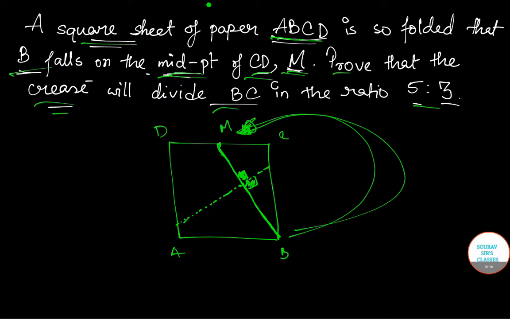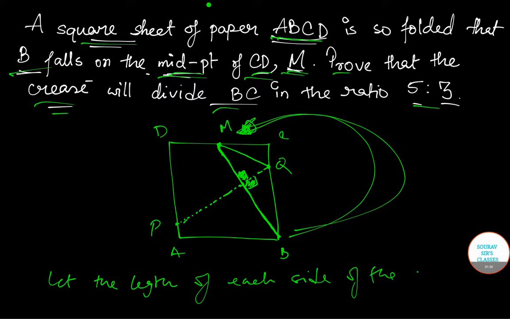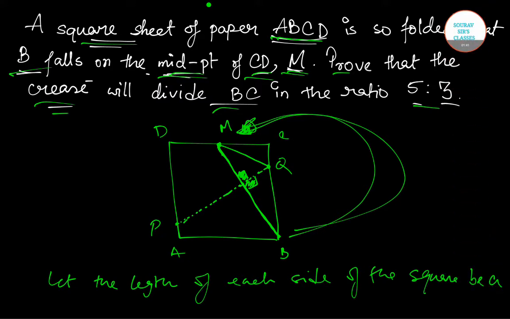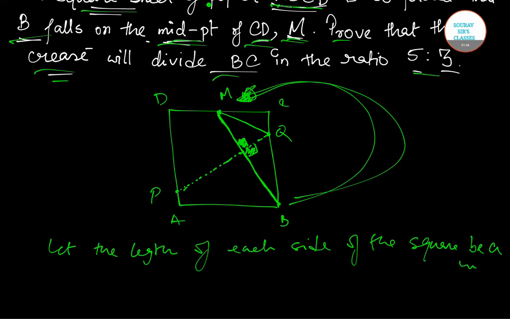So let's join this point with this point, and we will call this point Q and this as P. So let the length of each side of the square be A units, and let us take CQ equals to X units.